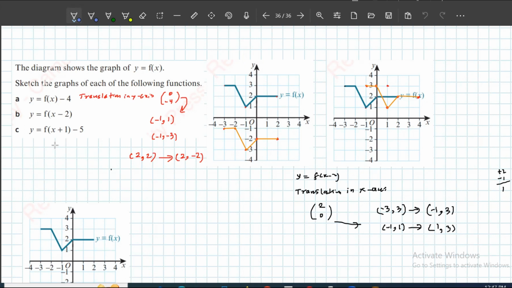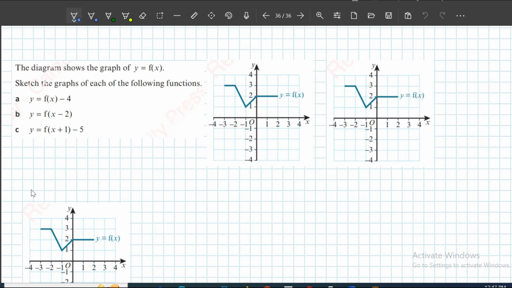Now we will see the last one, which is along both sides. So see how to solve that question. If I check the last one, this is along both. This is translation along x and y both. It's a combination.